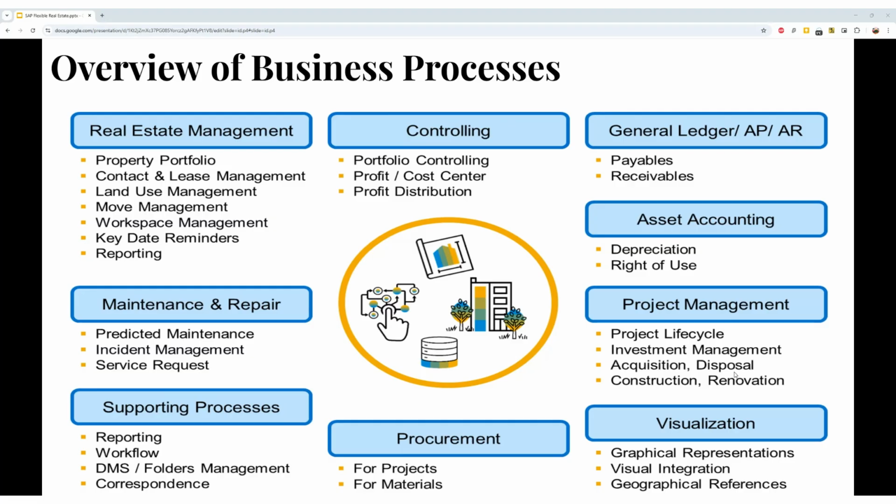And in disposal, why is disposal important? Suppose your building is very old, it is not fit to live in. Here, you may think of making it non-available in your portfolio, so that it won't suggest to you that these spaces are vacant and available to create a lease out contract.